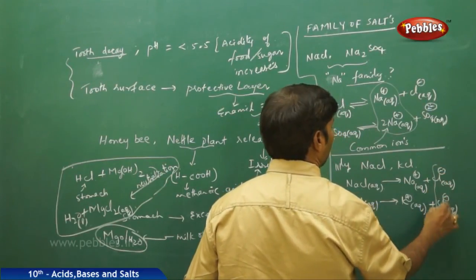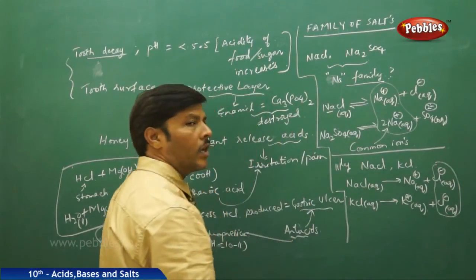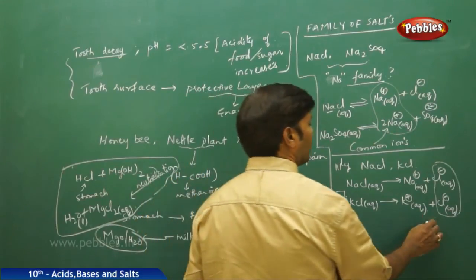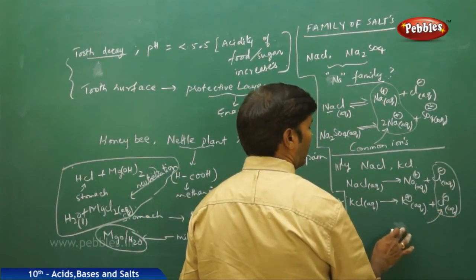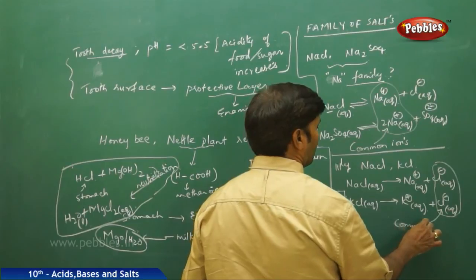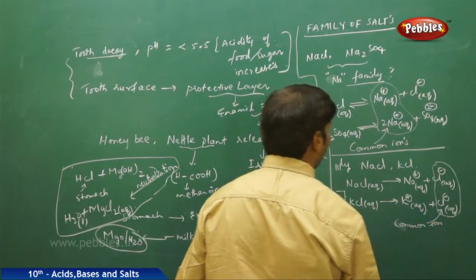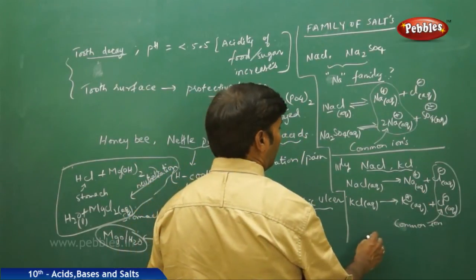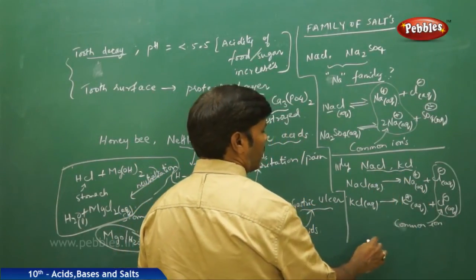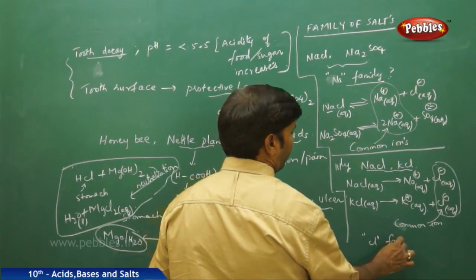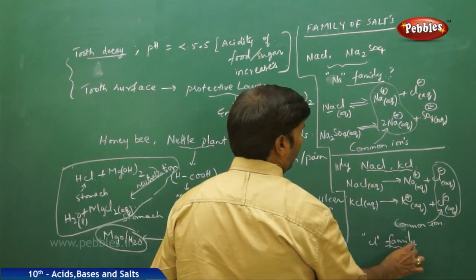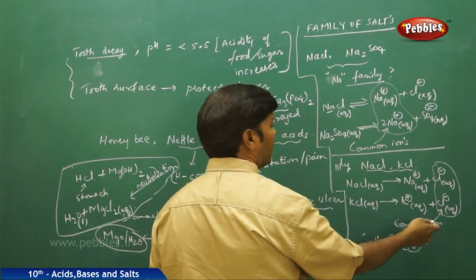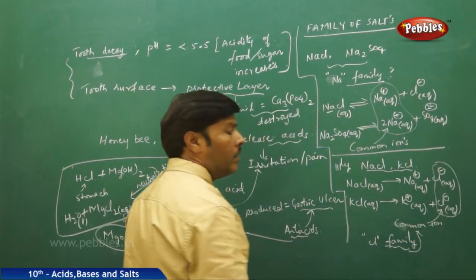Here you find that the chloride ion is a common ion in sodium chloride and potassium chloride. That's why both belong to the chlorine family, because chloride, Cl-, is the common ion.